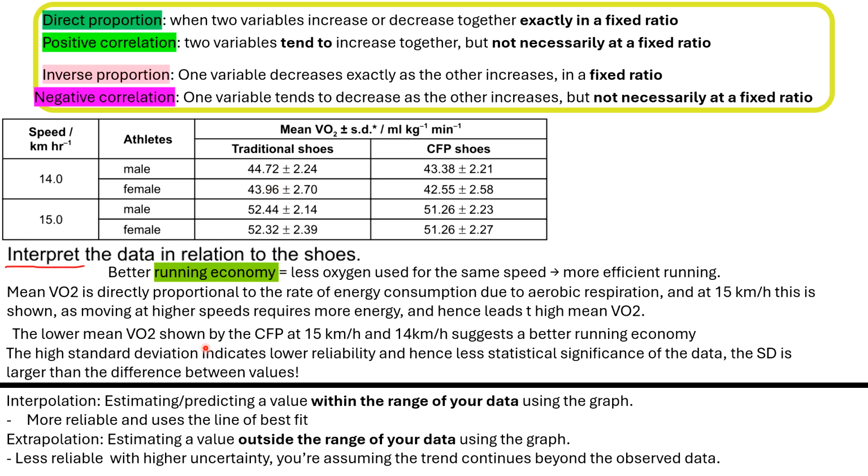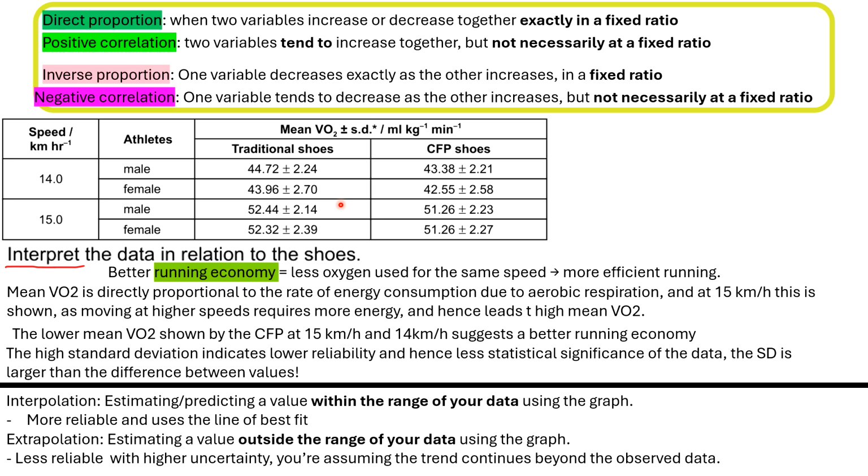Now, the lower mean VO2 max shown by the CFP at 15 and 14 suggests a better running economy. Okay, in this case, less VO2 shows a better running economy because it's not VO2 max, it's how much oxygen is being used.